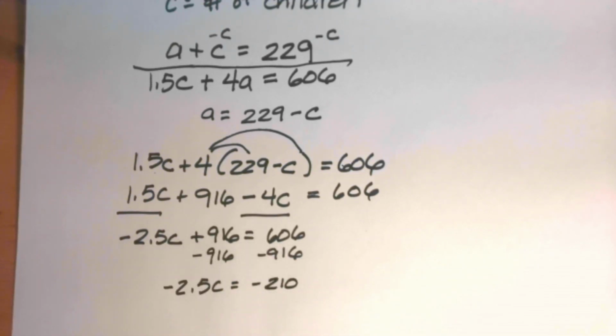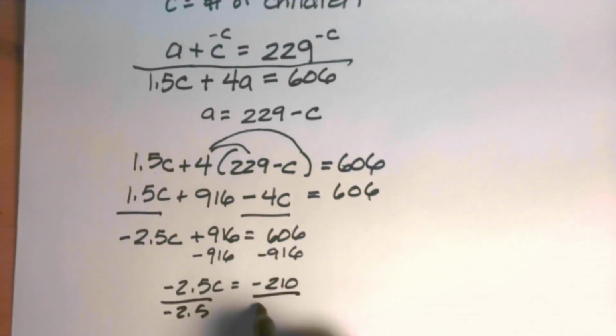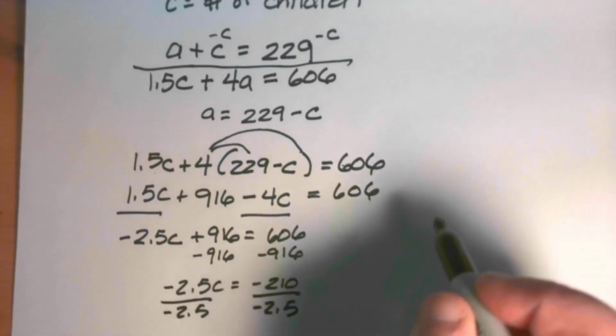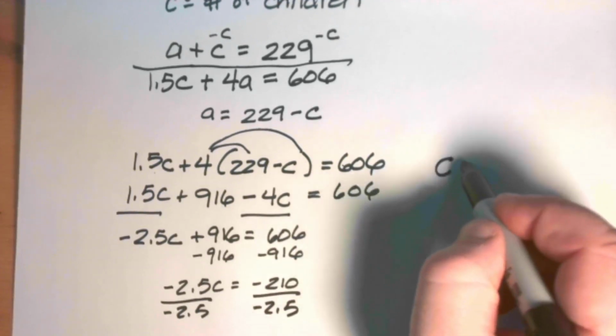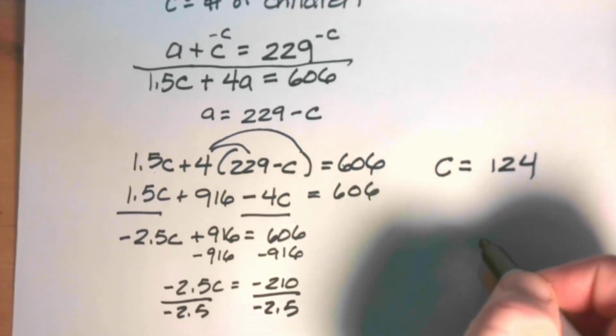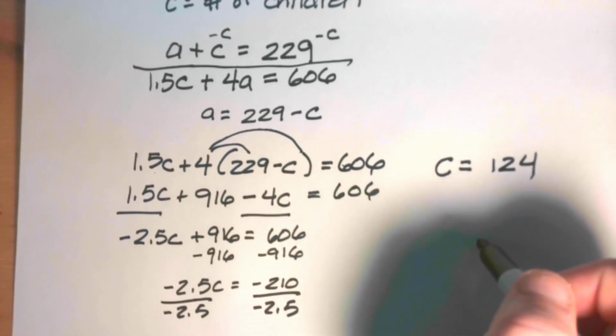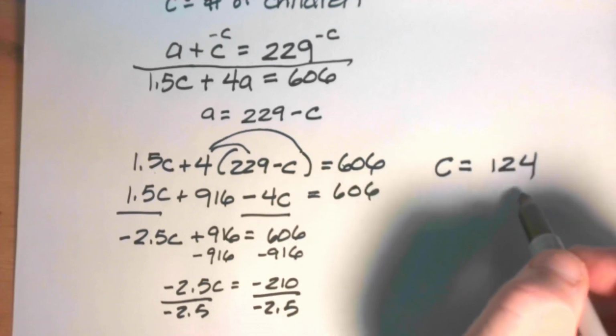Divide both sides by negative 2.5. And I get that C is equal to 124. Okay, so that means there were 124 children that came through that day.